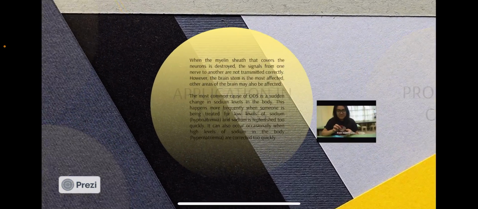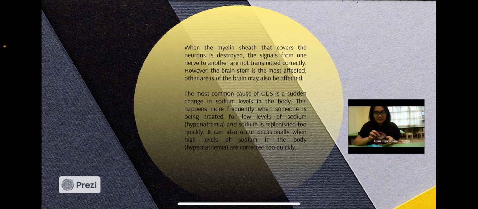Application in medicine. When the myelin sheath that covers the neurons is destroyed, the signals from one nerve to another are not transmitted correctly. The brain stem is the most affected, although other areas of the brain may also be affected. The most common cause of ODS is a sudden change in sodium levels in the body.